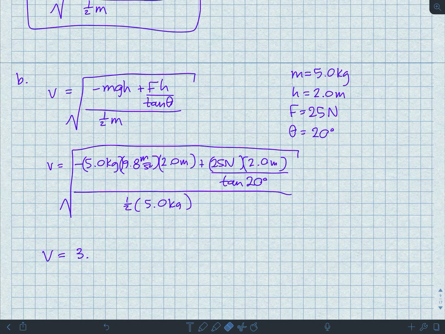I'm going to call that 4.0 meters per second. Boing.